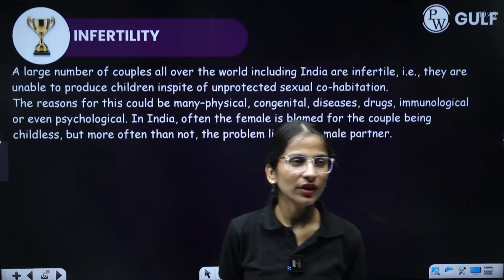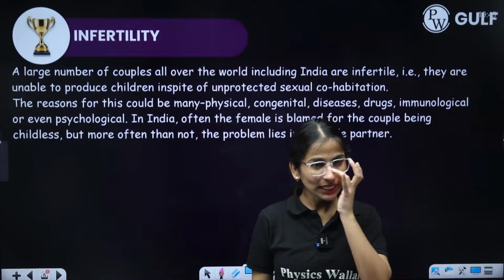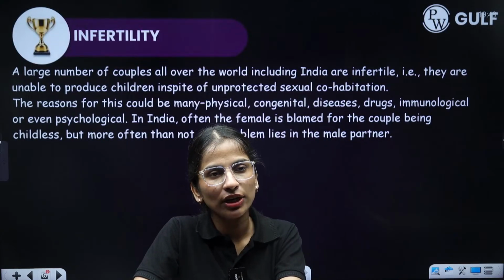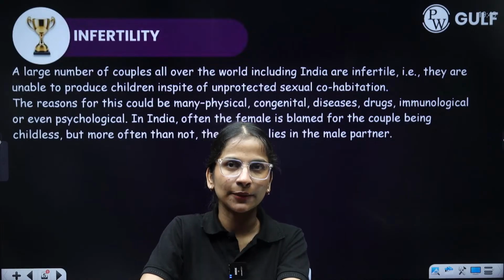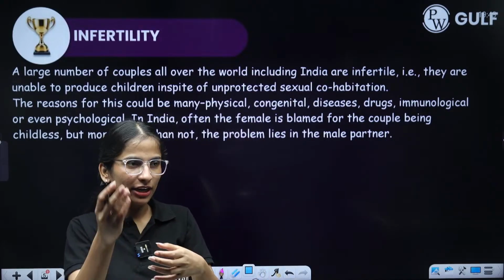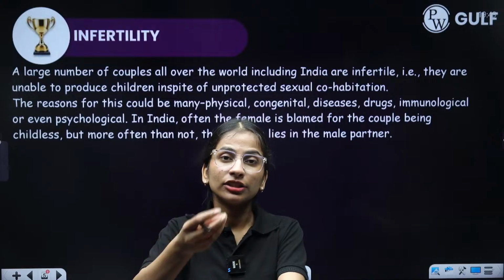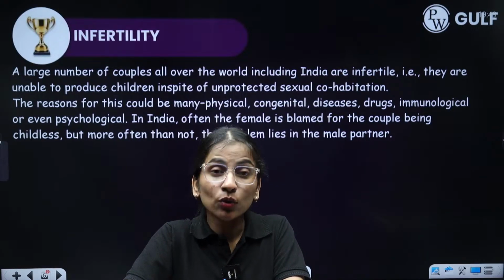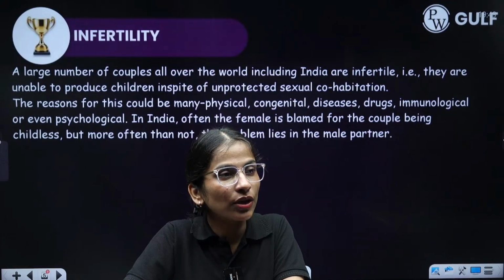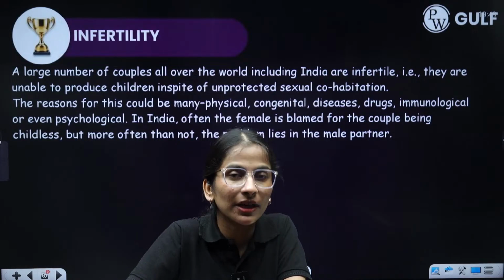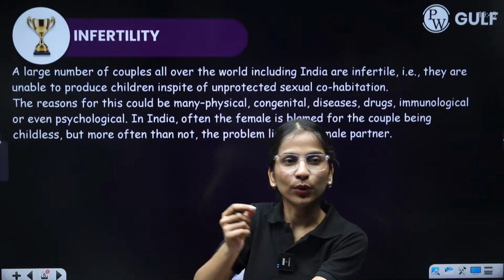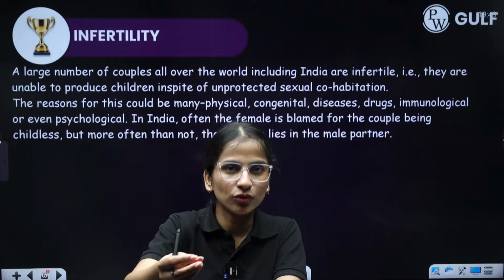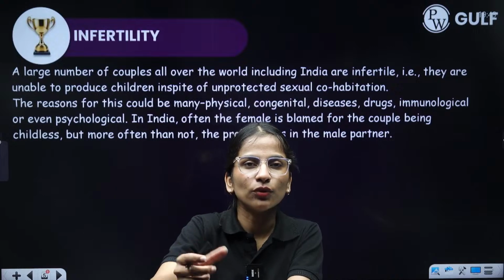Great, great, great. Now we are talking about infertility. So what exactly is infertility? It should be the right definition that we usually talk about: when there is sexual intercourse between partners, that too unprotected. Unprotected means that you are not using any kind of contraceptive method, because contraceptive methods are only used when you are trying to avoid pregnancy.